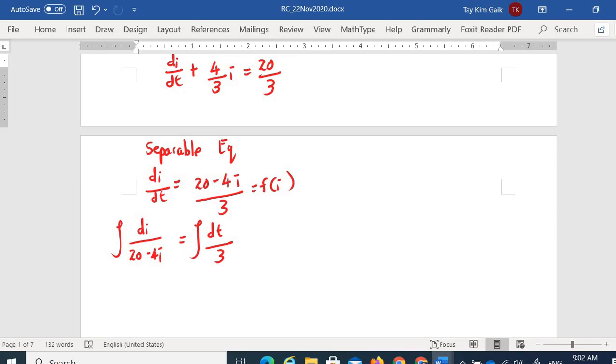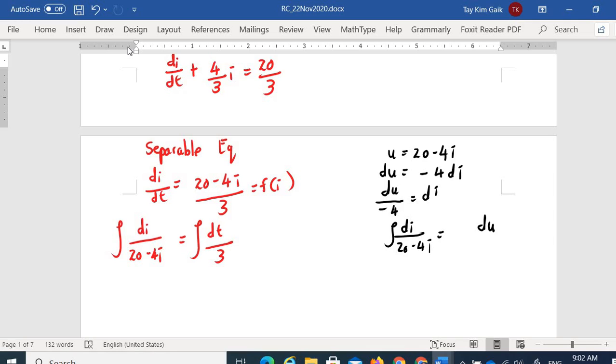To integrate this one, as I said, you may use the substitution technique. Let u equal to 20 minus 4i. So du will be negative 4 di. You notice you have di, right? So di will be du divided by negative 4. Hence, di divided by 20 minus 4i: di is negative 1 over 4 du, and 20 minus 4i is u.